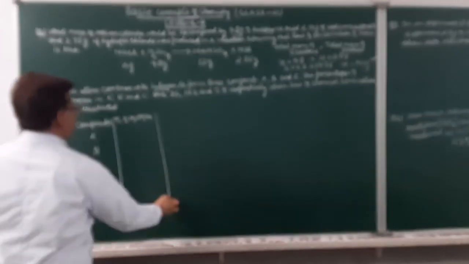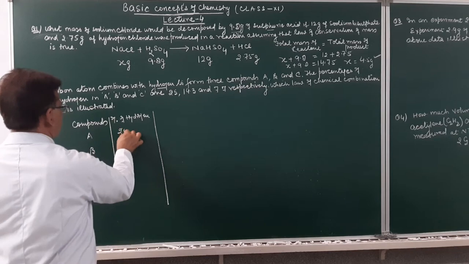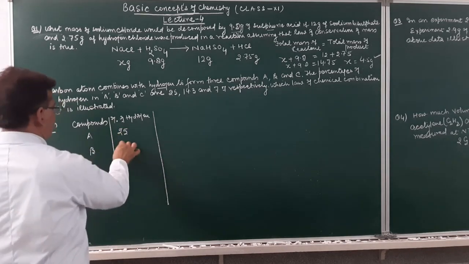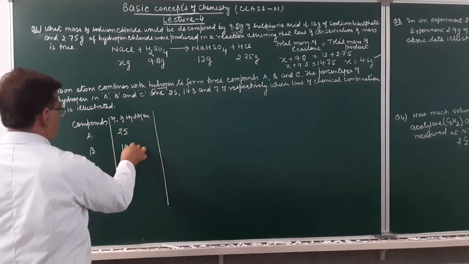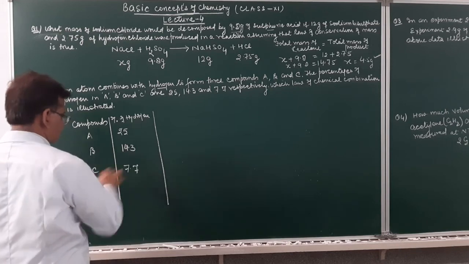In A, it is 25%. In B, it is 14.3%. And in C, it is 7.7%.